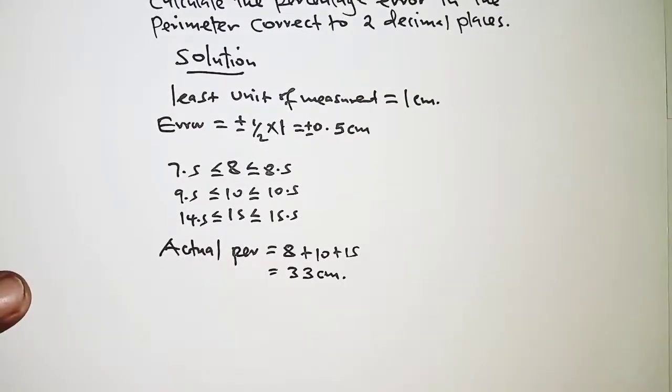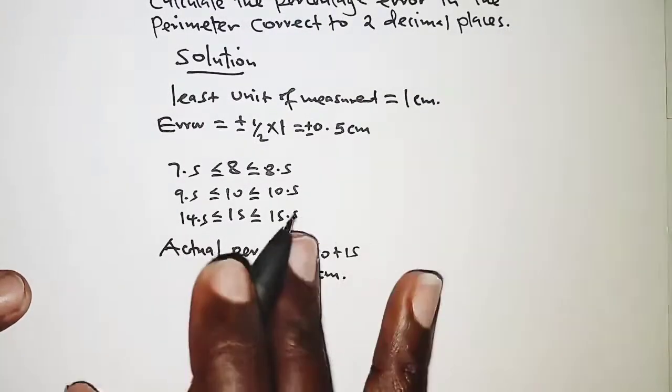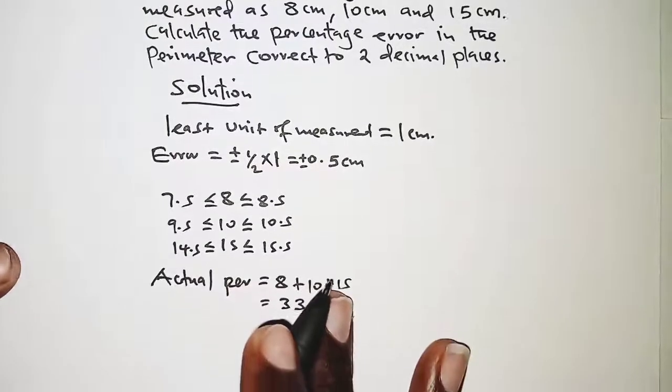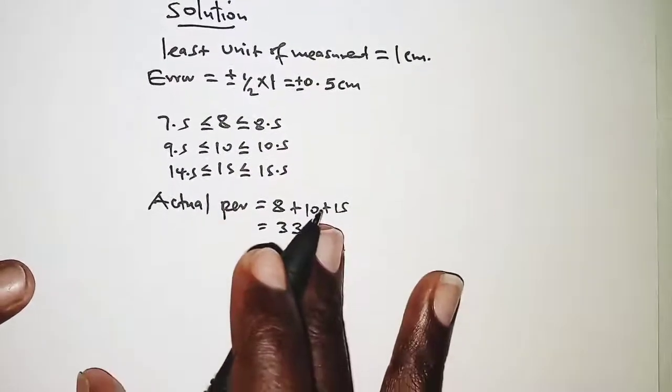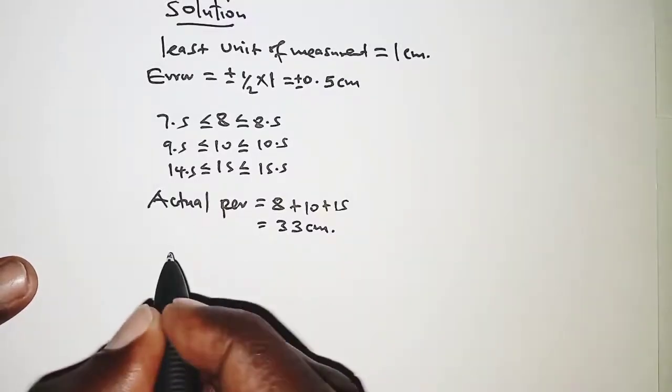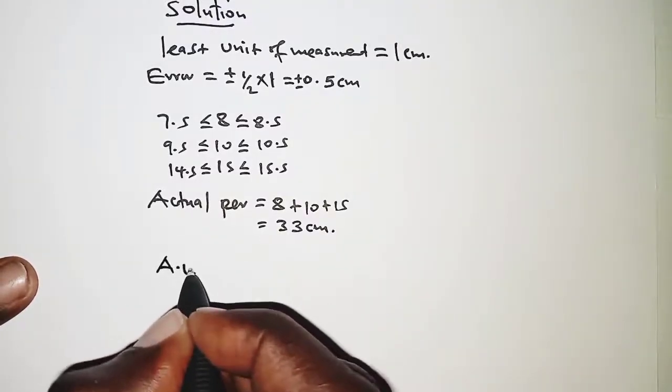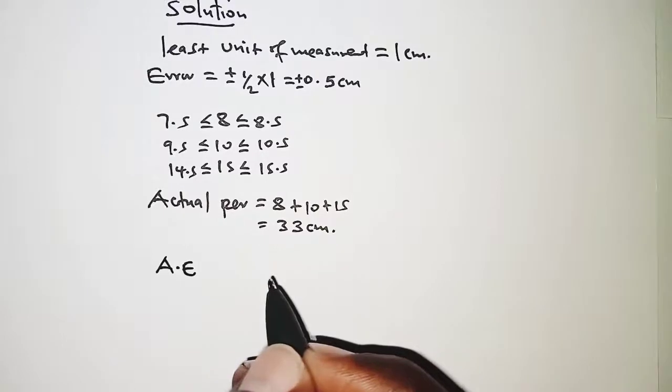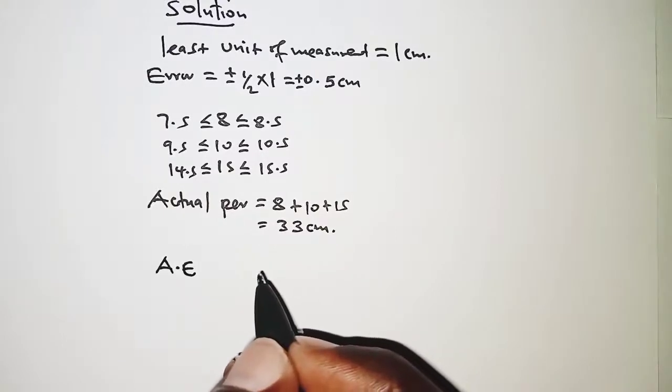So next, because you're required to get the percentage error, the first thing that we need to determine is the absolute error in calculation of the perimeter.